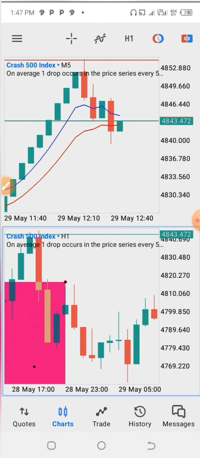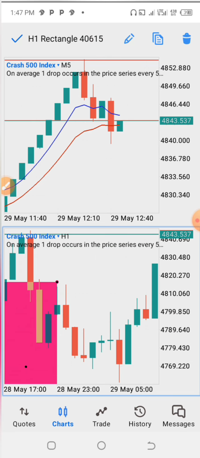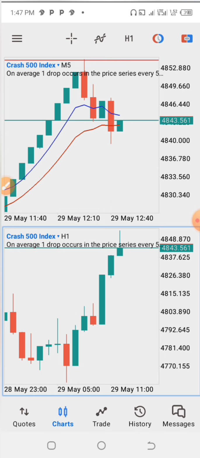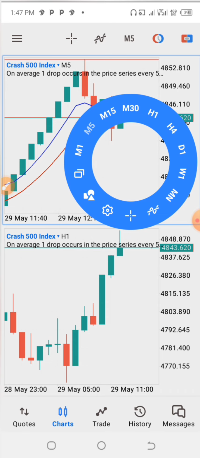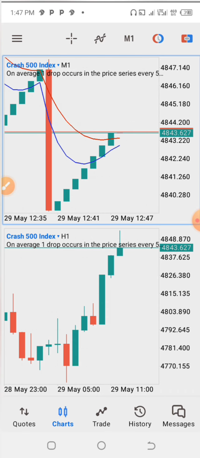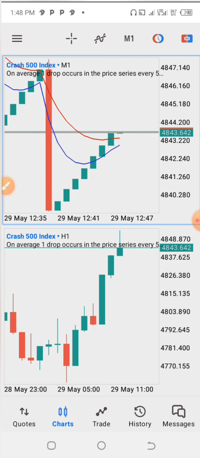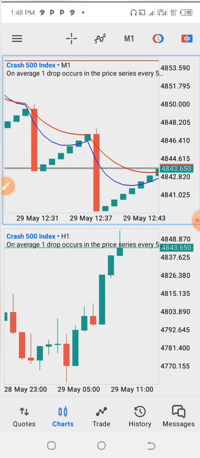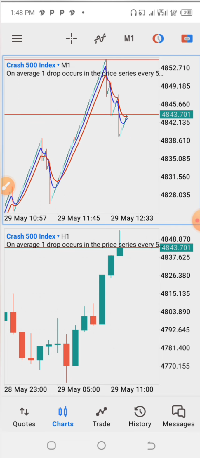Now look at this thing. And look at those things. So it's not a crime. Look at it. Once the market is moving in a direction, like now, when you want to see what is happening in your 1 hour time frame, you can come up like this in your 1 hour time frame. So when you come to your 1 minute time frame like this, it helps you to see how the market is going, so that you will not be deceived.